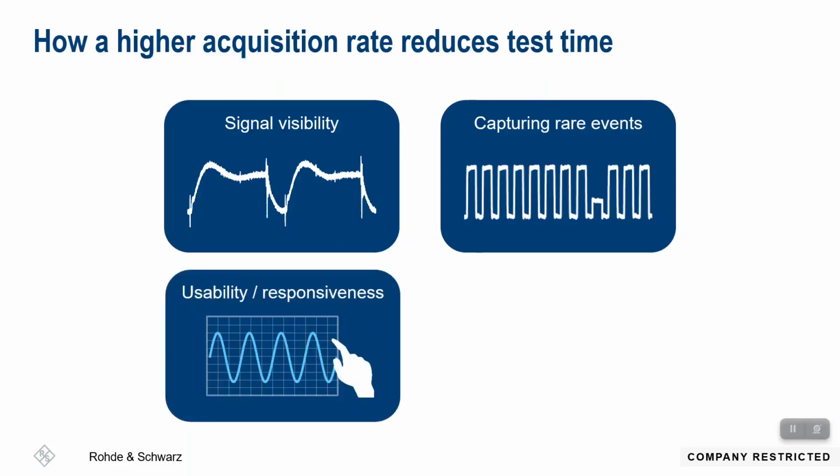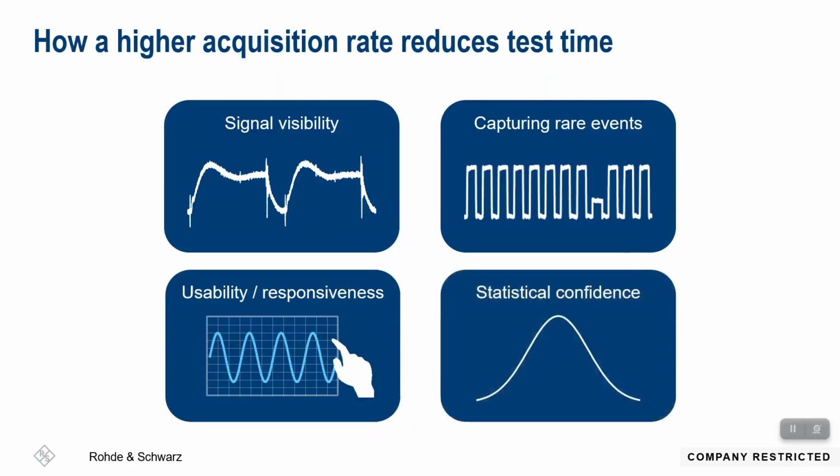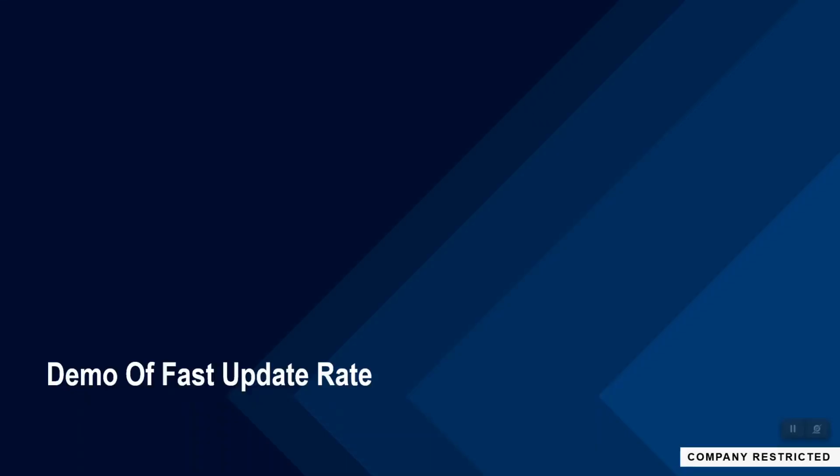Next, the responsiveness of the scope is going to be better. So you're going to be more productive. And finally, the fourth one is statistical confidence. Why is this? Because you're going to be acquiring data more rapidly. So you're going to get to more statistical confidence quicker.